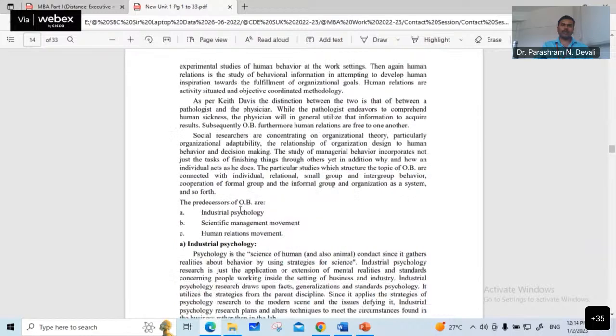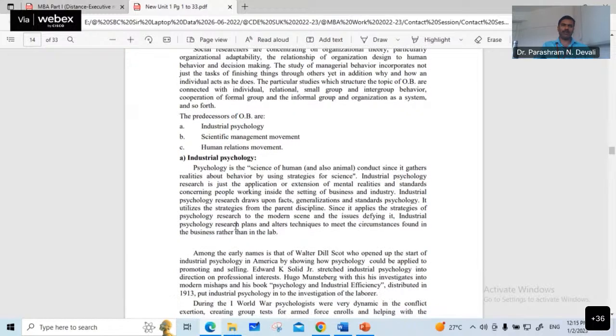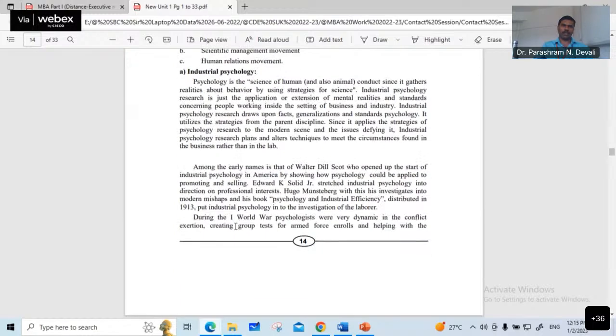Historical perspective means how we can think about organization behavior and how it developed from the industrial revolution. The scientific approach is there, the human relation approach is there. F.W. Taylor contributed to the scientific approach. Afterward Henry Fayol and Elton Mayo significantly contributed to the human relation movement. Industrial psychology is there.